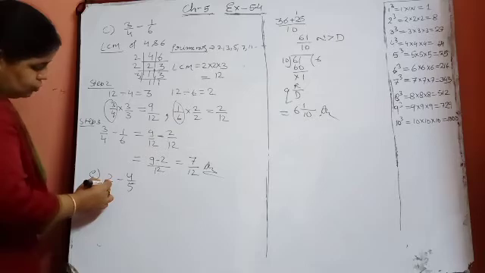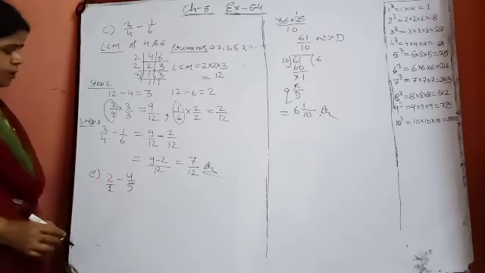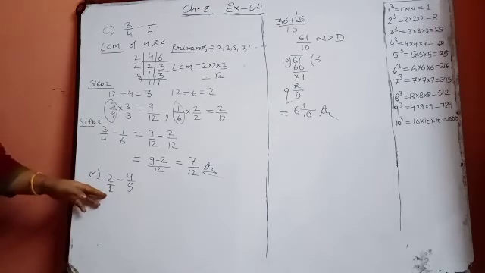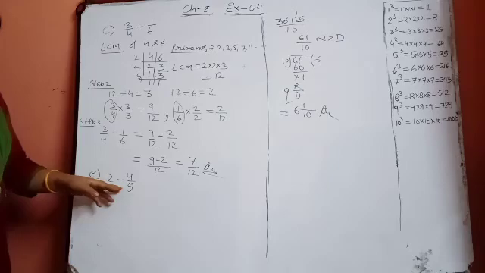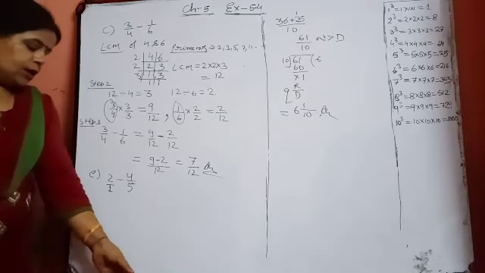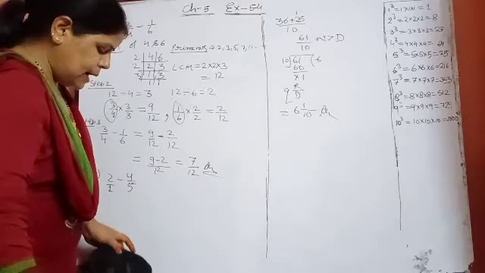How will you do it? You will write 1 under it, because there will be no change in the value if you write 1 as its denominator. So the next step, take the LCM of 1 and 5, and then the procedure will remain the same as I was doing. Okay, now come to the G part, I am doing it.